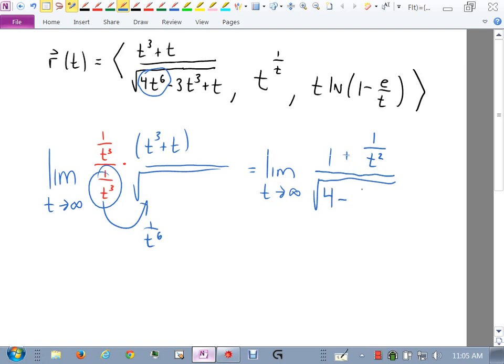And then minus 3 over t cubed, and then plus 1 over t to the 5th. That makes sense? Dividing each of these by t to the 6th. Now let t go to infinity, and this one vanishes to 0, this one vanishes to 0, this one vanishes to 0, and all you're left with is 1 over the square root of 4, which is 1/2. So the limit's 1/2.